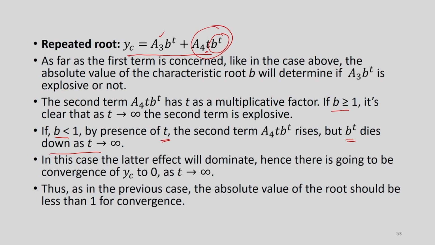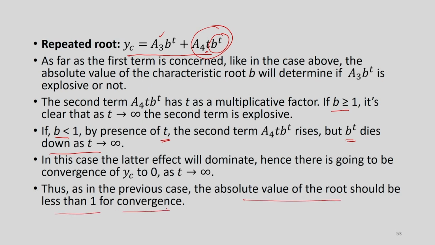So, one way to understand this is that b to the power t goes to 0 as t goes to infinity. So, that pulls down the entire term, that is A4 t multiplied by b to the power t. Thus, as in the previous case, the absolute value of the root should be less than 1 for convergence.